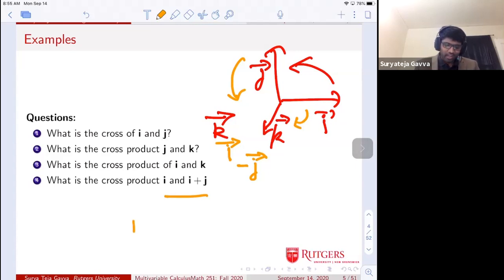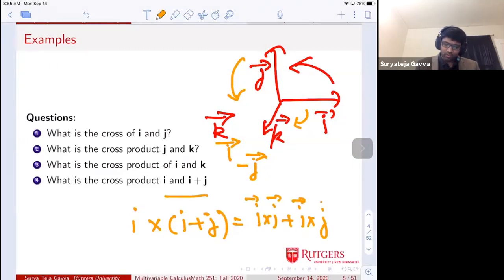So i cross i plus j is nothing but i cross i plus i cross j. Okay. So i cross j is k from the previous stuff. So i cross j is k. What is i cross i?